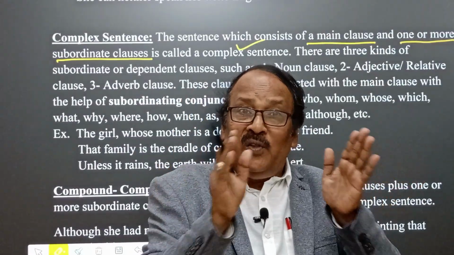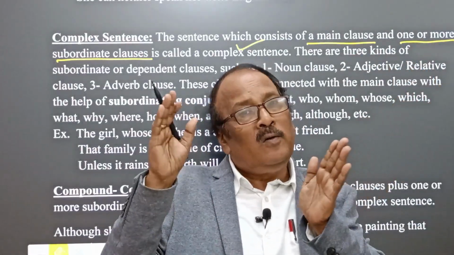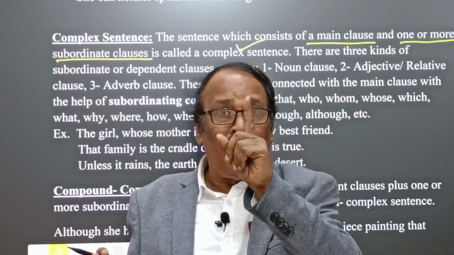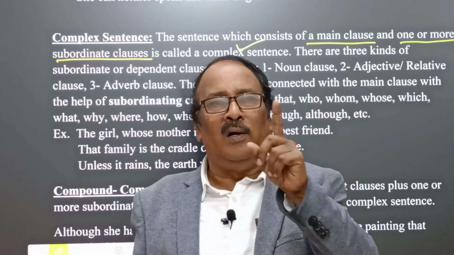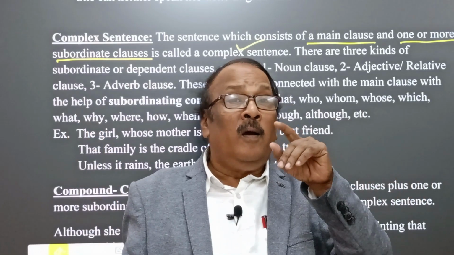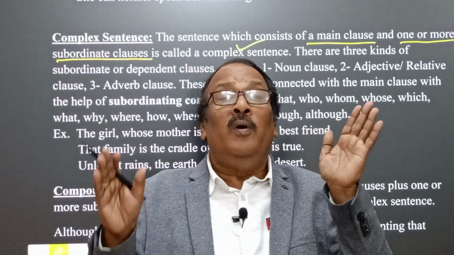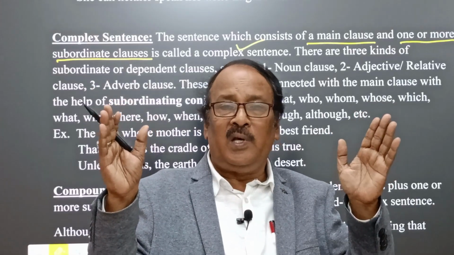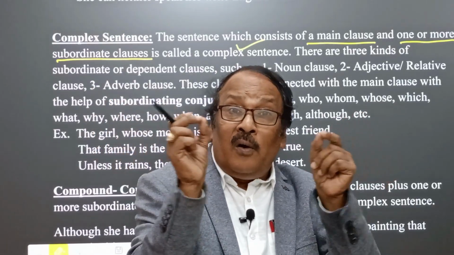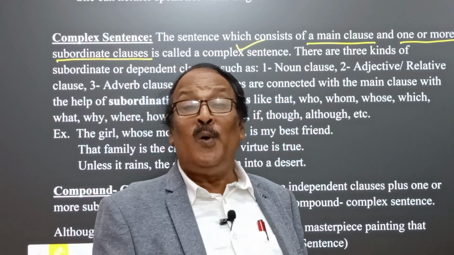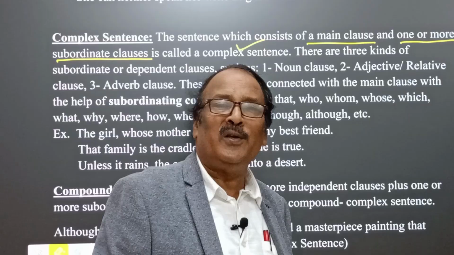If we find the difference between a simple sentence and a compound sentence, a simple sentence is formed of one independent clause. In a compound sentence, two or more independent or main clauses are combined with the help of a coordinating conjunction.